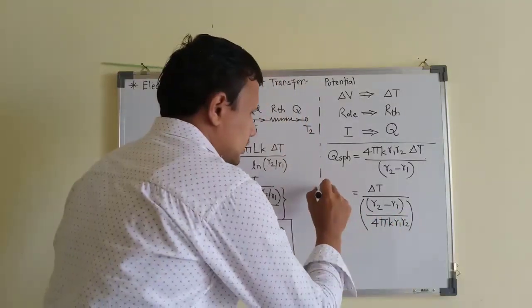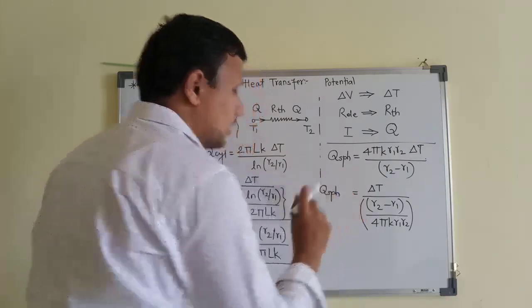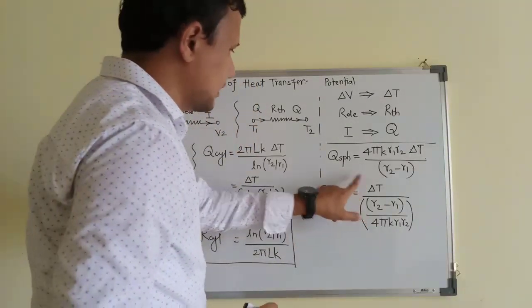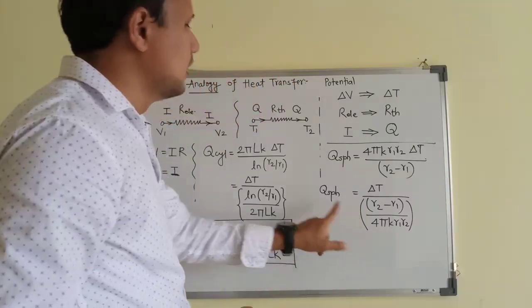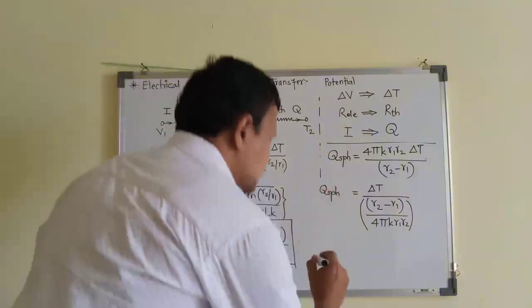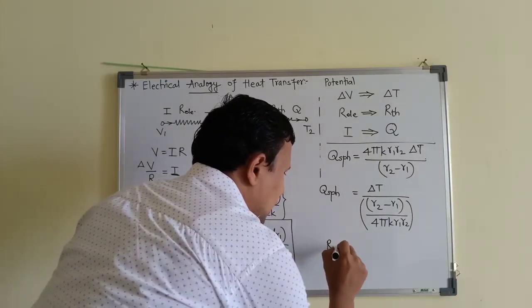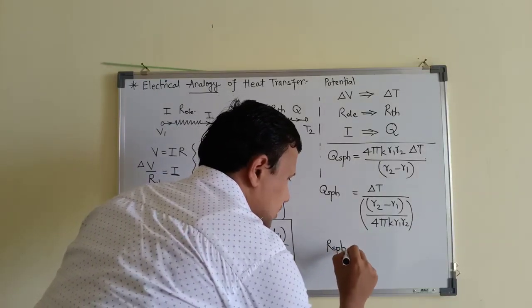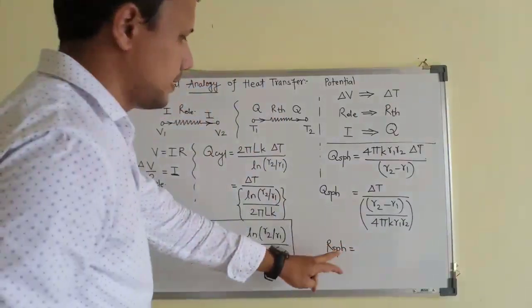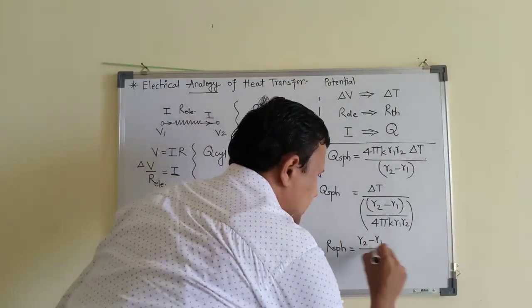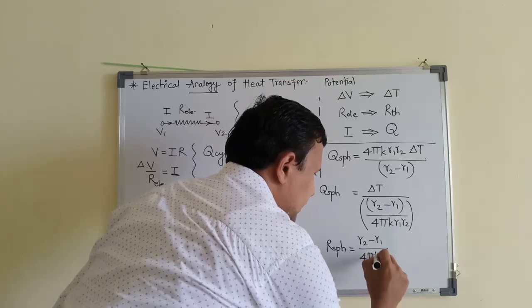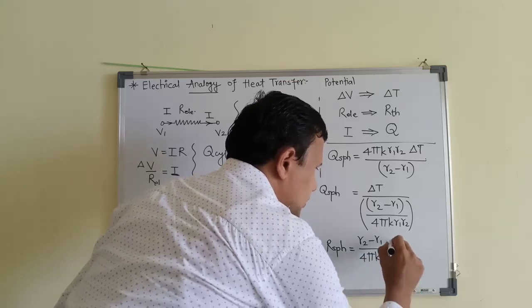So, we see here that in case of conduction heat transfer for sphere, delta T helps the heat transfer, while this entire quantity at the denominator opposes the heat transfer. So, this becomes R for sphere. The thermal resistance presented by the sphere for conduction heat transfer will be R2 minus R1 upon 4 pi k R1 R2.